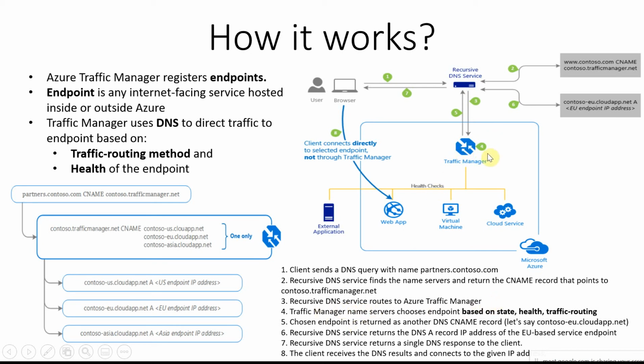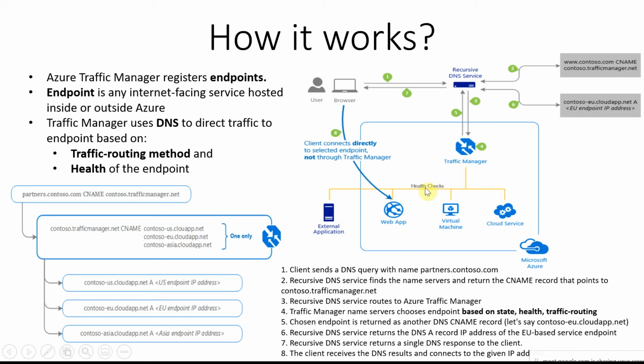Now the control flow is in traffic manager. It should now apply the rules, the traffic routing methods, and the health. These two it should consider, and it should route this to one of these components which are deployed across regions.